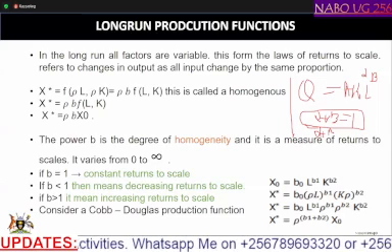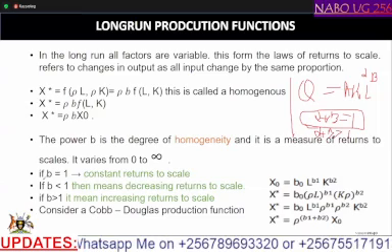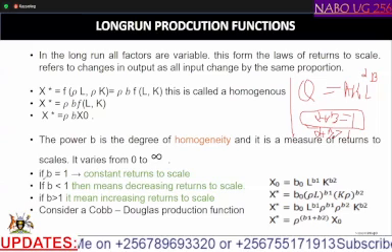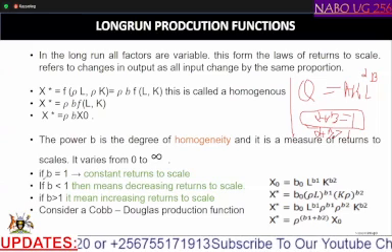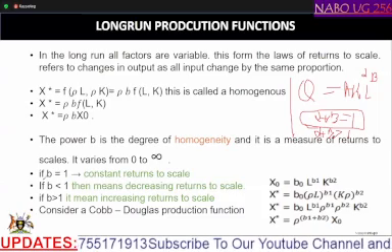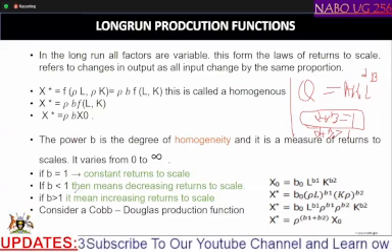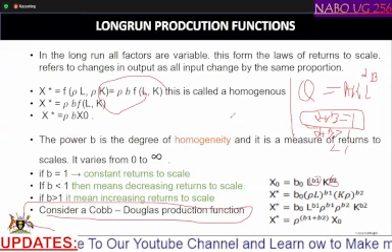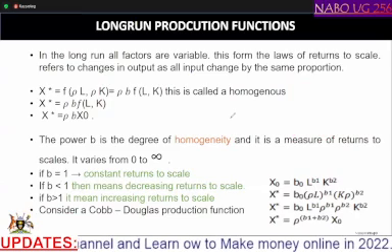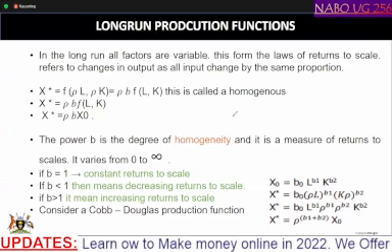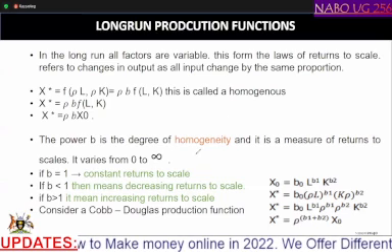That is what we have talked about here in simple terms for the long-run production function, the Cobb-Douglas production function.